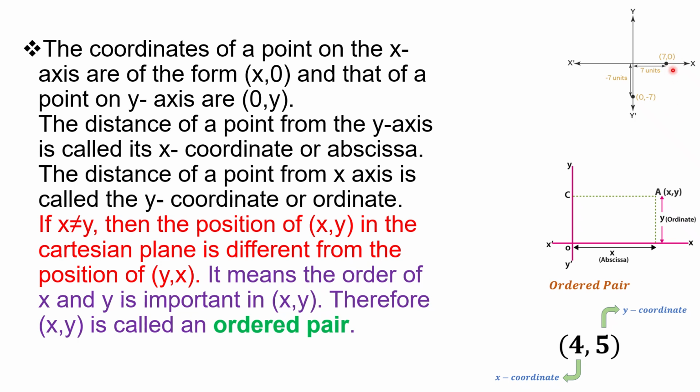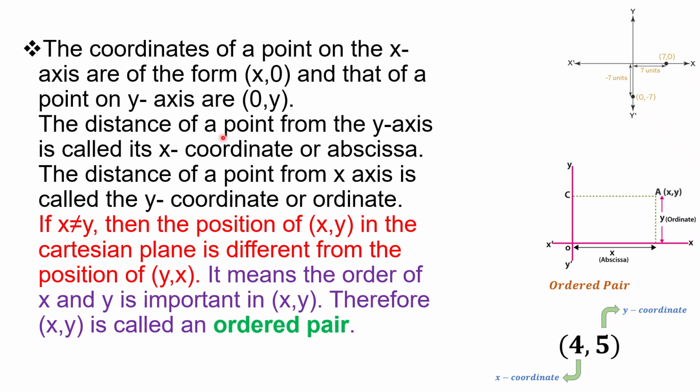A point which lies on my x-axis, the horizontal line, is always denoted as x, 0. If a point lies on my y-axis, the vertical line, then the point is always denoted as 0, y.